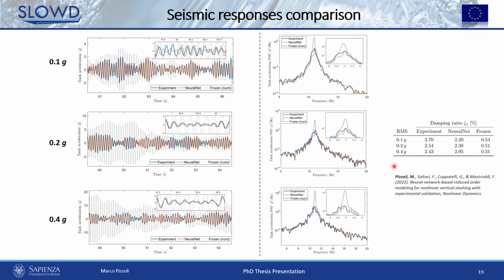And on the right, we have also another evidence of the good behavior of the neural network, because we reported the estimated damping ratio, and the 3 parameters estimated are in good accordance with the experimental ones. So the network behaves well also in the seismic case.